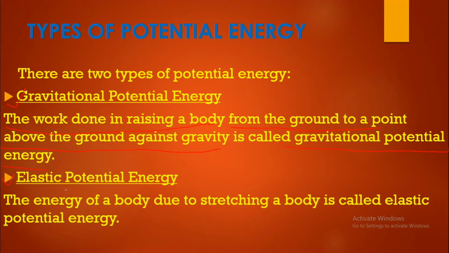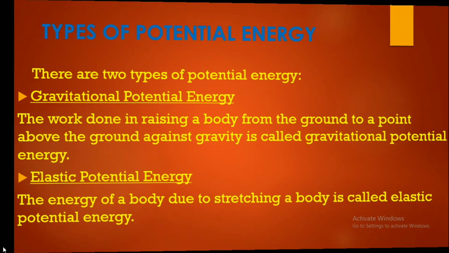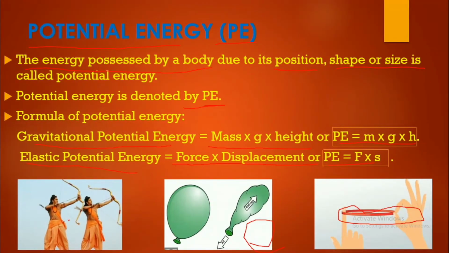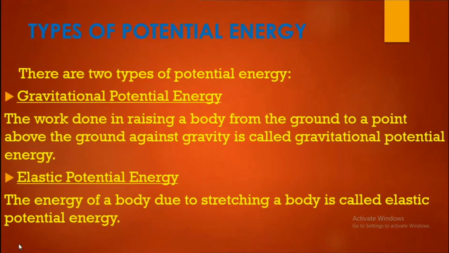What is elastic potential energy? The energy of a body due to stretching a body is called elastic potential energy. In the previous slide we have seen that these two are examples of elastic potential energy. So let's move ahead now.